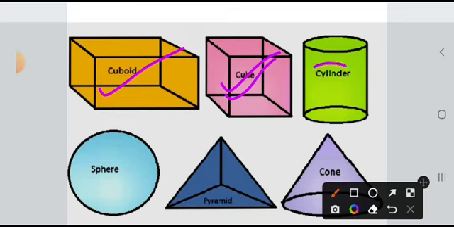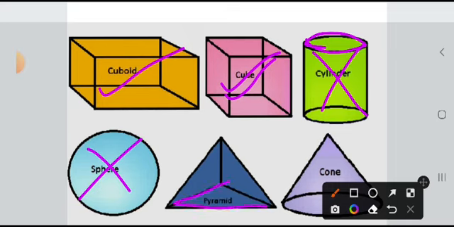But in case of a cylinder, you can see that the top face is a circle. A circle does not come under polygon, so it is not made up of polygons. And a sphere has only one face, and that face is not a polygon, so we will also exclude the sphere. But in case of a triangular pyramid, you can find there are different triangles. How many triangles are there in a triangular pyramid?